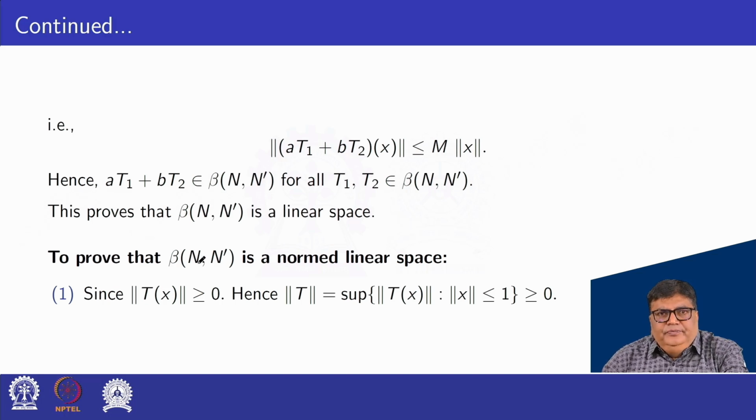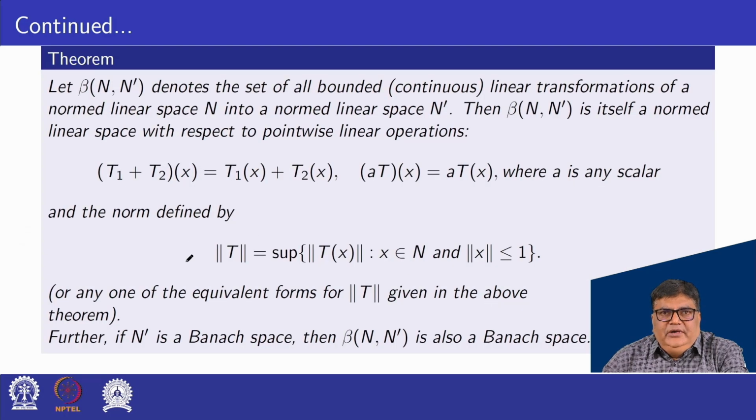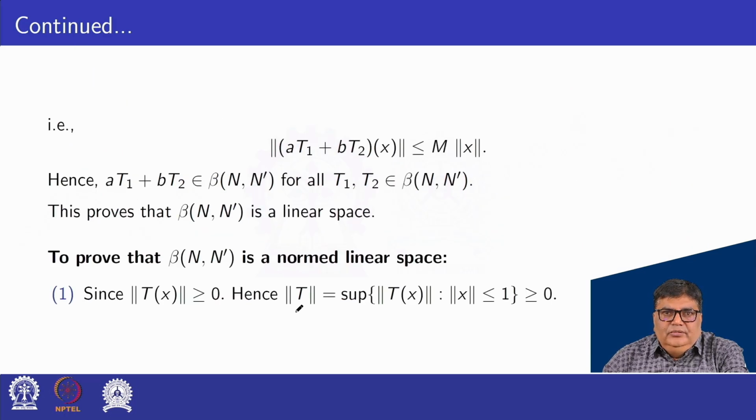Now we prove B(N, N') is a normed linear space. Since norm T is defined as the supremum of norm Tx such that norm x less or equal to 1, and we know that norm Tx is always non-negative, we can write norm Tx greater or equal to 0.